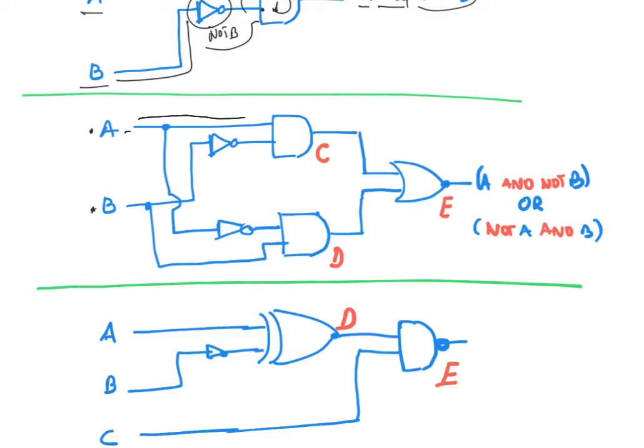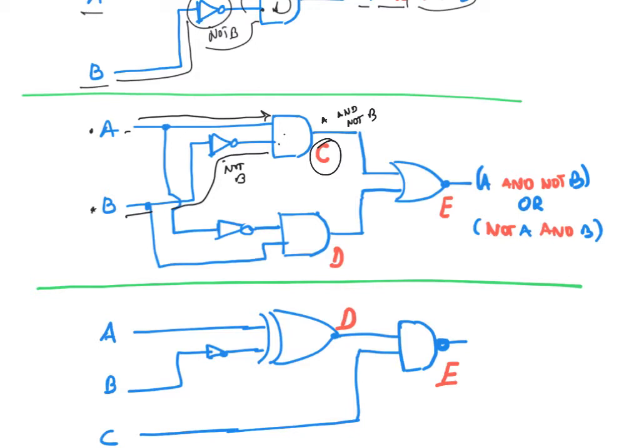So I'm going here, I'm getting A, and this is coming from here. So this is a B and this is a not B, right? So here we have A and not B. So that's C. C is A and not B.